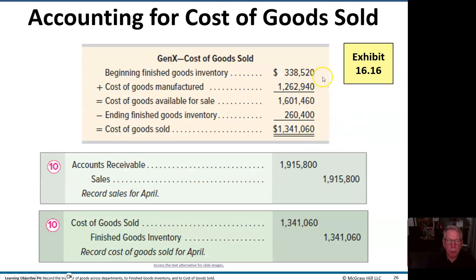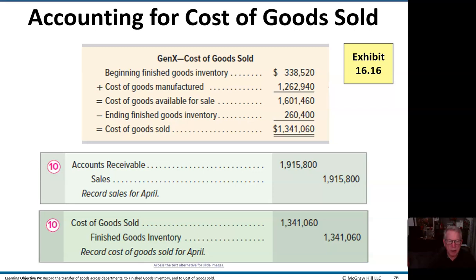So if we bring these numbers up, we can check the journal entries for that. We're selling $1,915,100 on account for our sales, and our cost of goods sold here is $1,341,060, and the credit is to finished goods inventory to reduce that.